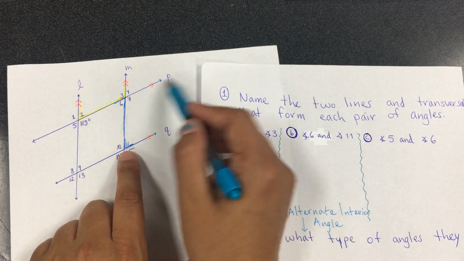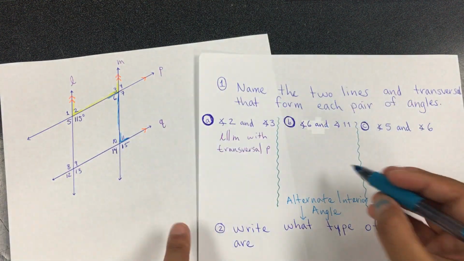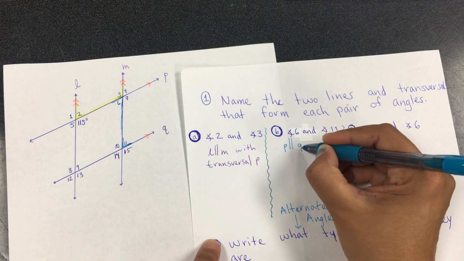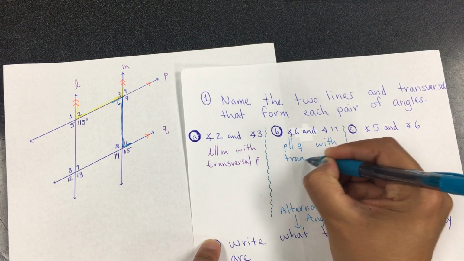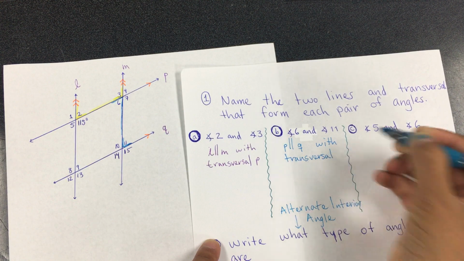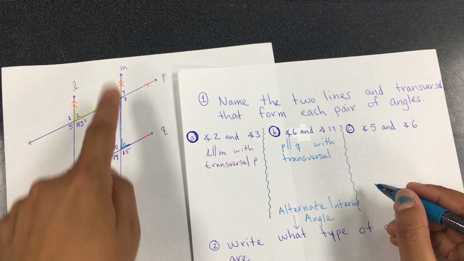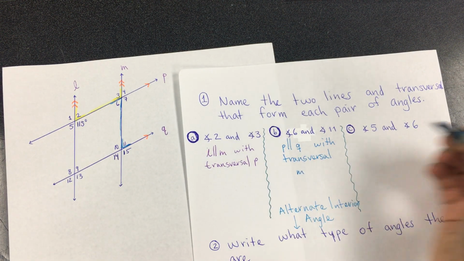So it's line P and Q, because if you extend that, they will never touch. So P is parallel to Q with transversal. And the transversal is the only one that's forming that Z alone. So it's M.